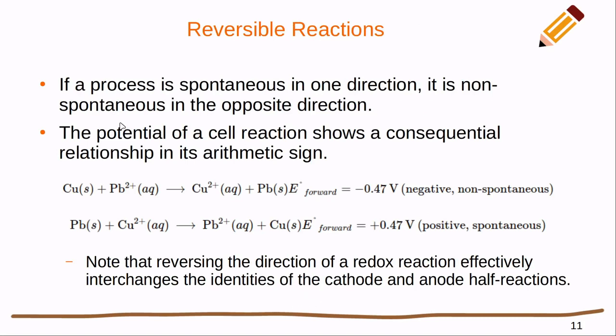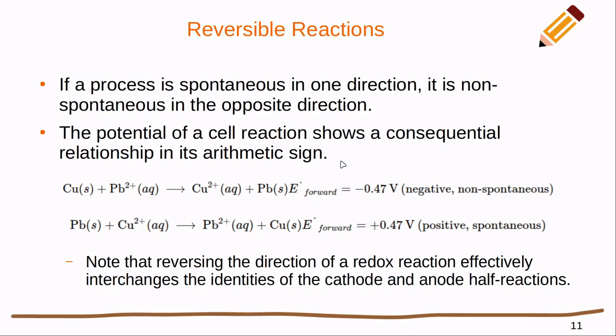Now, let's talk about reversibility here. If a process is spontaneous in one direction, it is non-spontaneous in the opposite direction. We know this to be true now. The potential of a cell reaction shows a consequential relationship with its arithmetic sign.